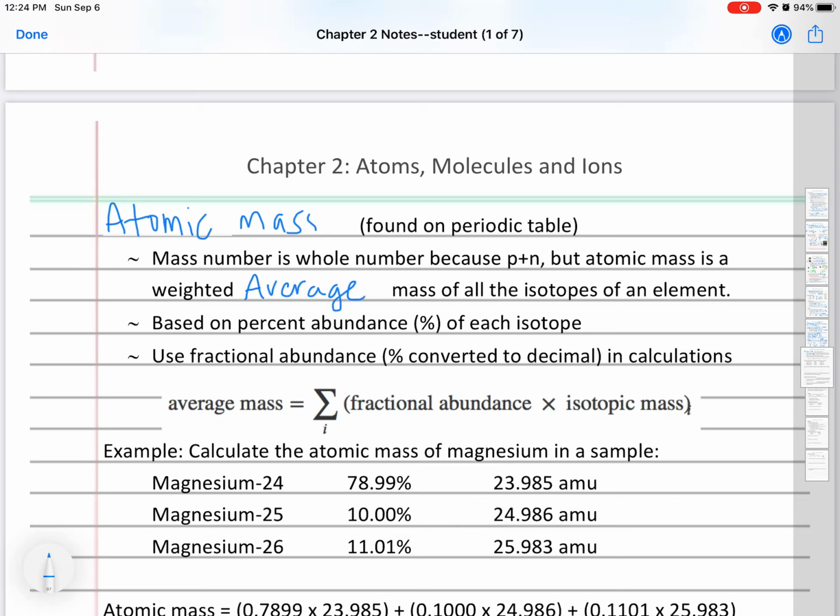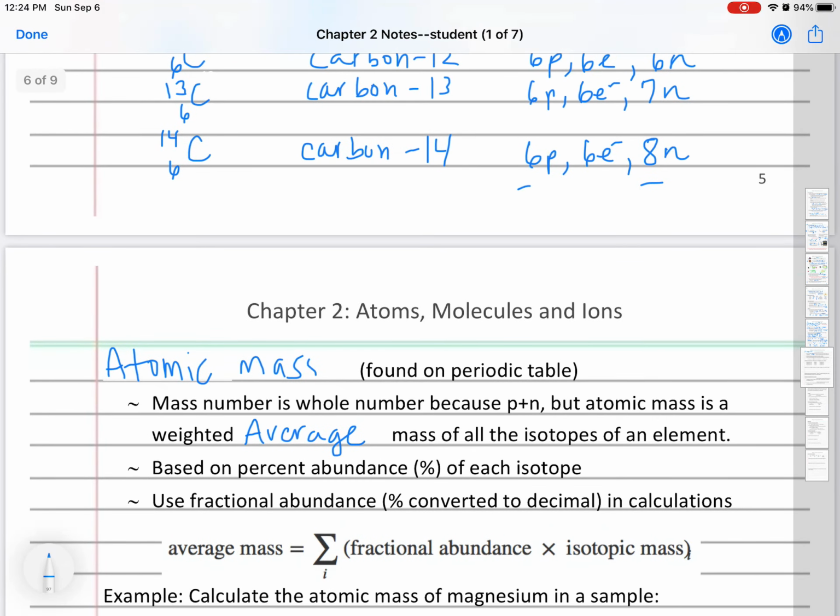All right, so for carbon, for example, we said there are 3 different isotopes of carbon. If you look at the periodic table for carbon, the atomic mass is 12.01 or 12.011, depending on the periodic table you're looking at.